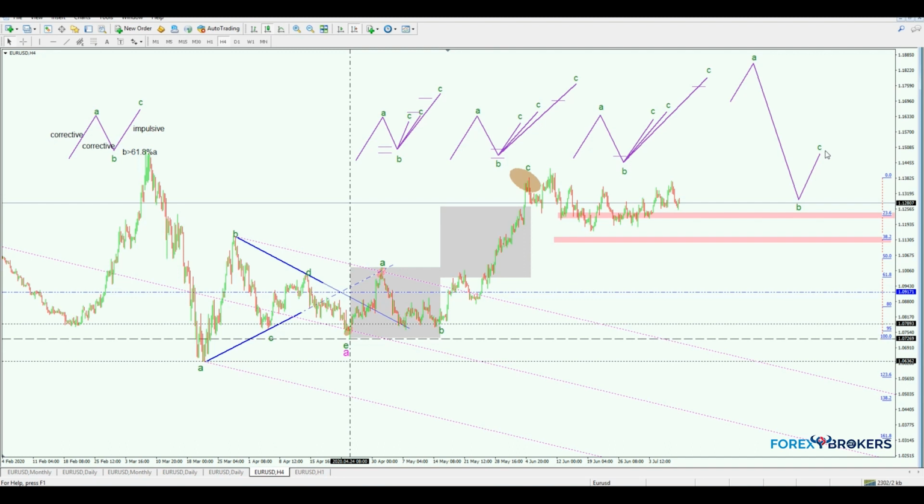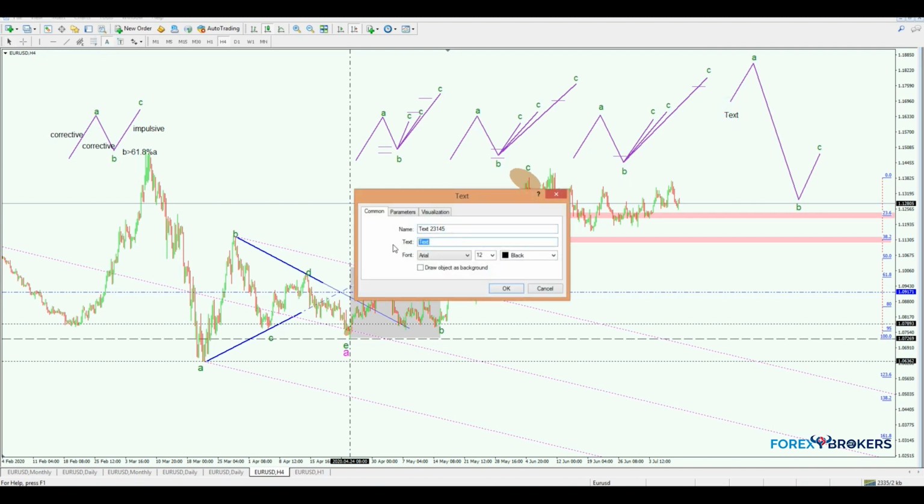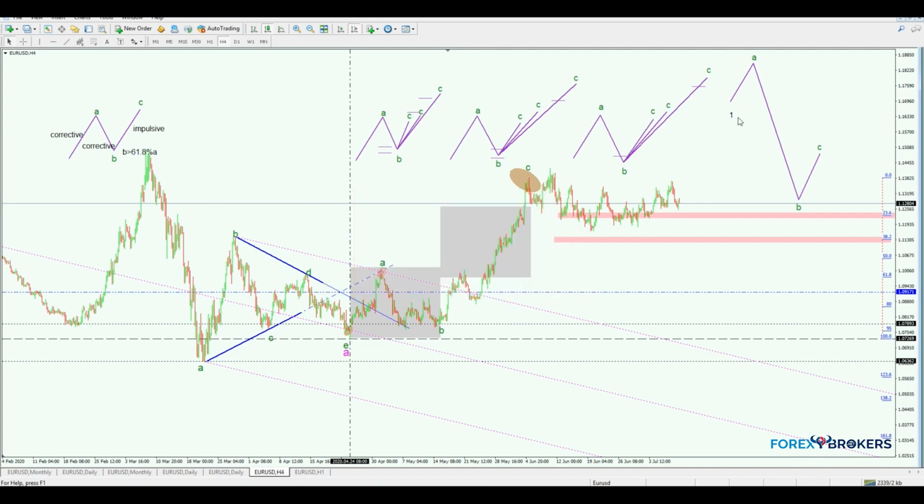We didn't discuss it so far because it's something that will appear in later parts of this academy. It is a concept that calls for a bit of imagination, in the sense that you might have that of a bigger degree. You might have the first wave of an impulsive wave end here.